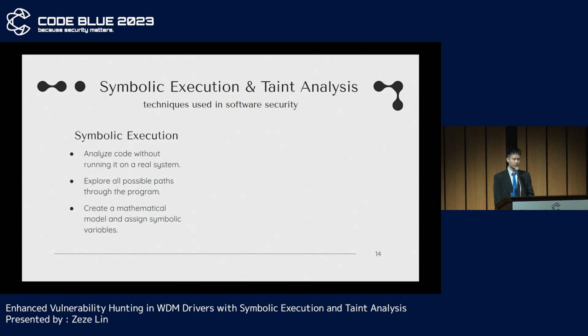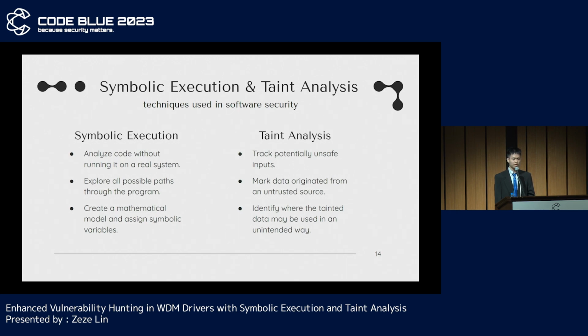Symbolic execution is a technique commonly used in software security. We can use it to analyze code without running it on a real system. We can also use it to explore all possible paths. To know how to reach a place in a program, we can create a mathematical model and assign symbolic variables.